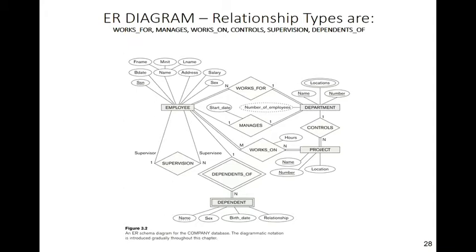We have the attributes associated with those. And the numbers and the letters on there, the M and N and the ones, are representing the cardinality.